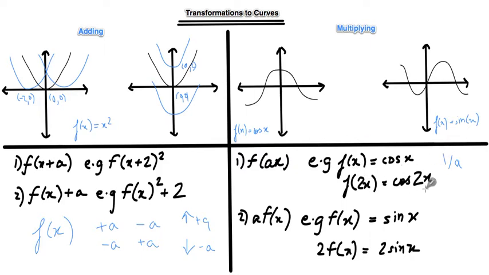So if a is 2, this graph is going to be squashed up by a scale factor of 2. If it was cos half x, this graph would be enlarged by a scale factor of 2. So it's always by a scale factor of 1 by a in the x direction.